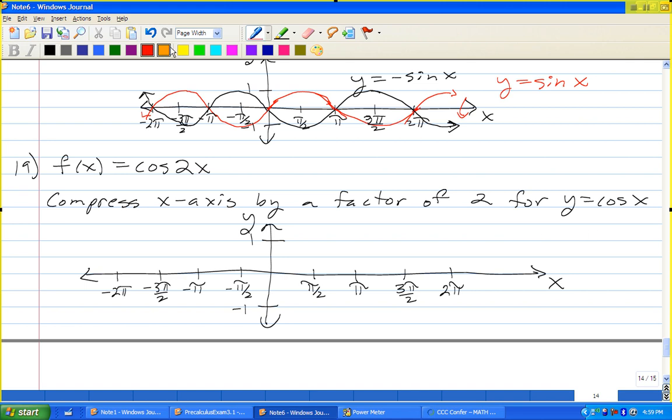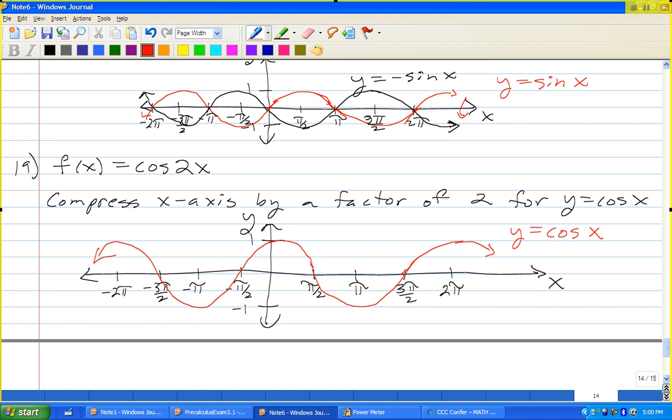Let's draw it in red. And so cosine should look something like that. Something like this. Okay, not too horribly bad. Not great, but okay. So that's y equals cosine.